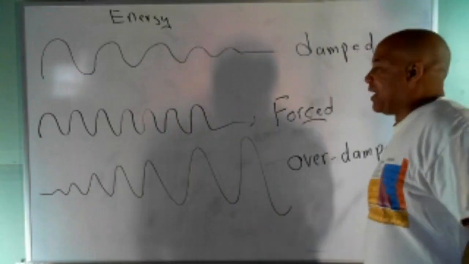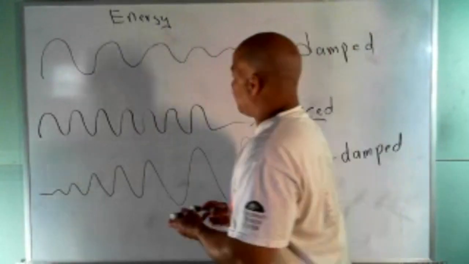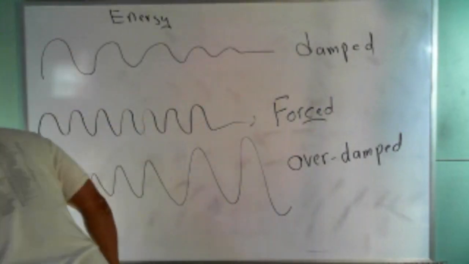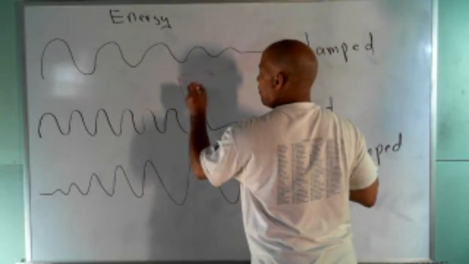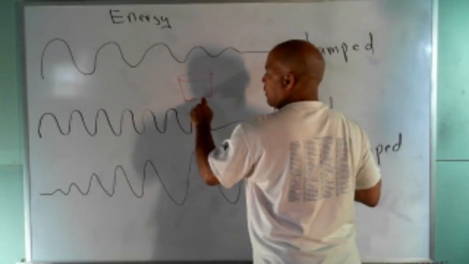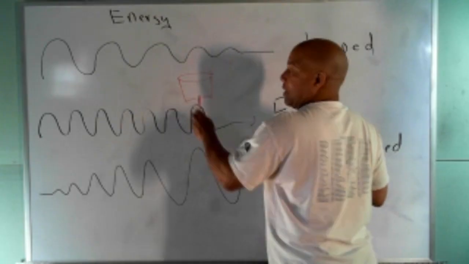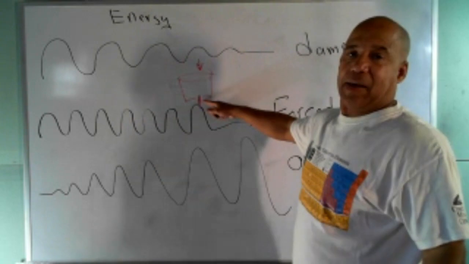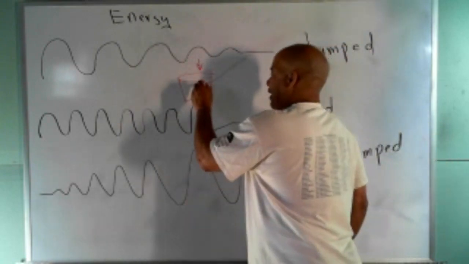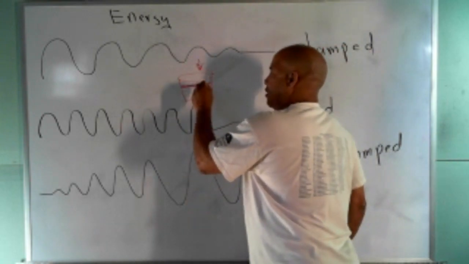So it's like the bucket thing again. If I have a bucket, and I got a hole in the bucket, and the water's coming out, if I add water to it at the same rate that it's coming out, then the water will stay level, the amplitude will stay level.